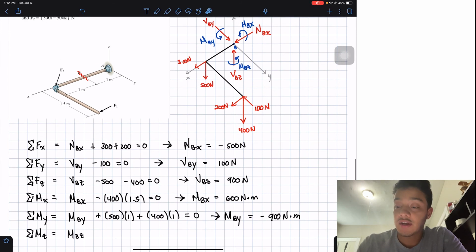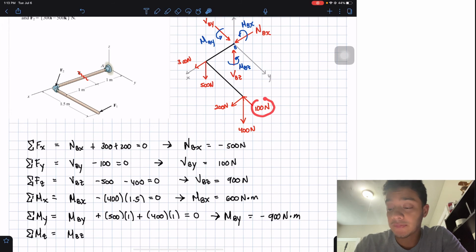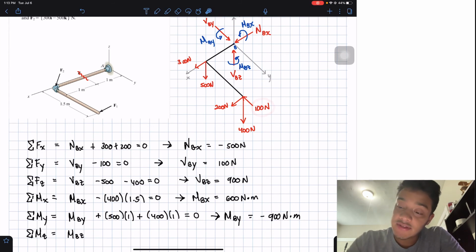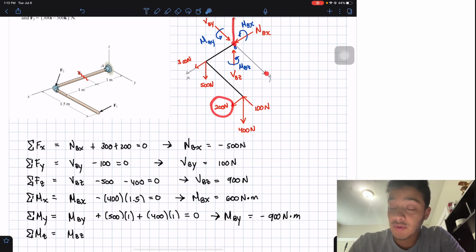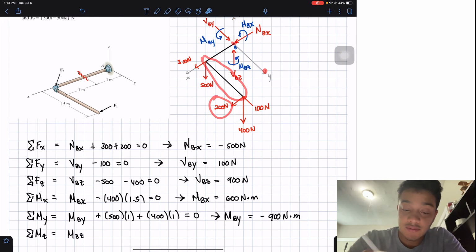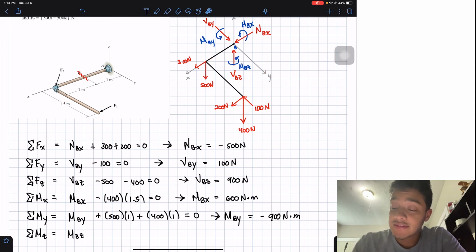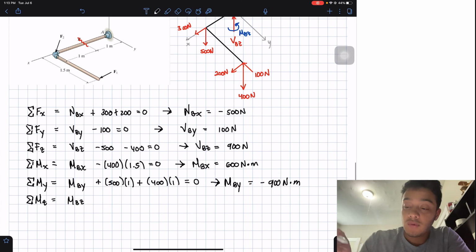Okay, so let's start. This 200, the distance with respect to my z-axis from here to here is this side, which we know is 1 meter. And this 100, I apologize, the distance for this 200 from here to here is this side, which is 1.5, and the distance for this 100 is this side, which is 1.